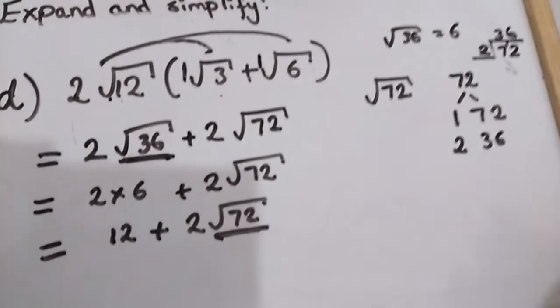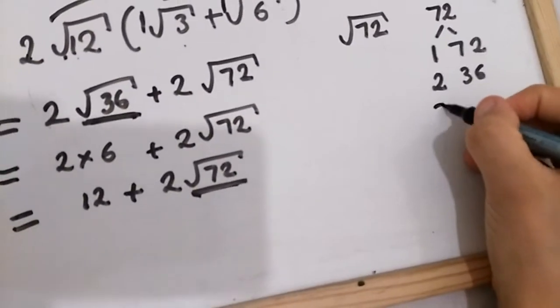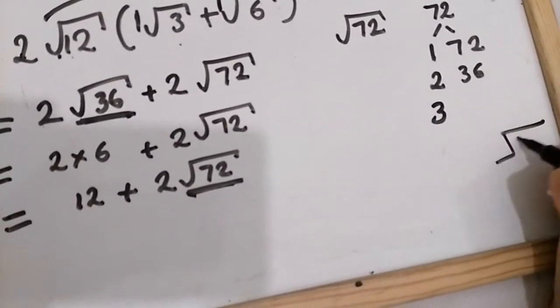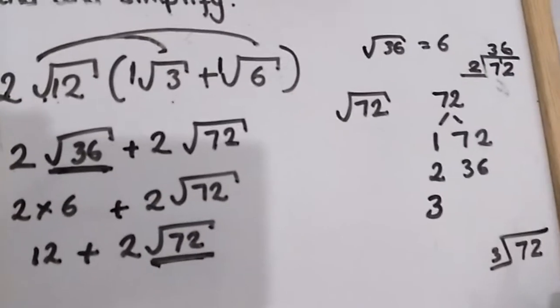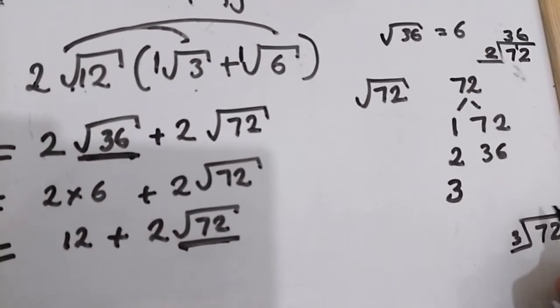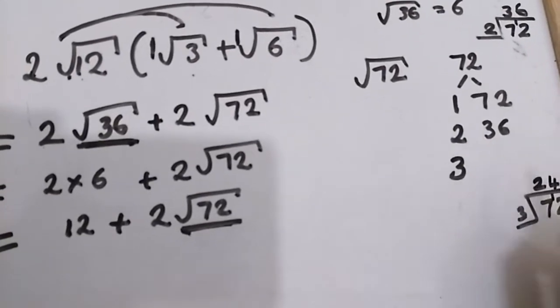So do the division, don't be afraid of doing that. How many times does 3 go into 72 again? If you can't do it in your head, just do the division at the sides. 3 into 7 is 2, remainder 1. 3 into 12 is 4, so 3 and 24.